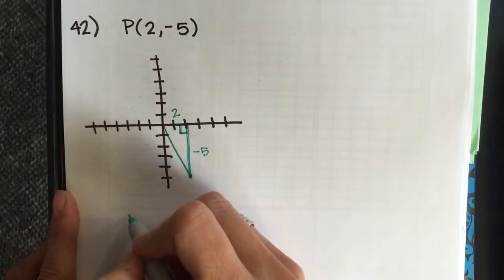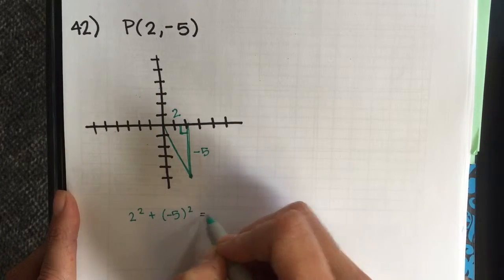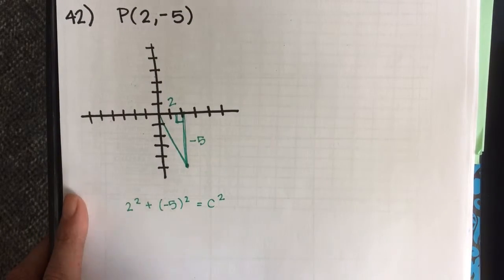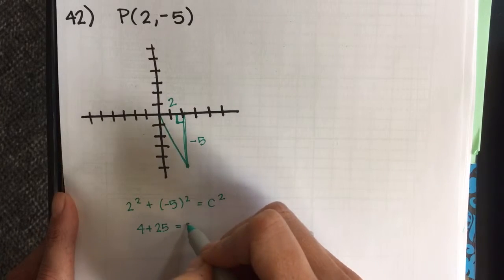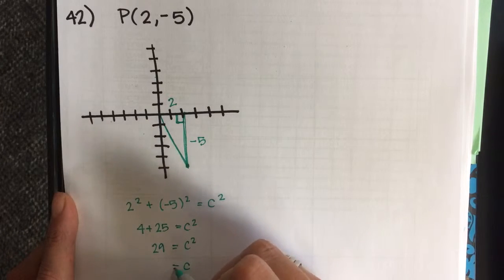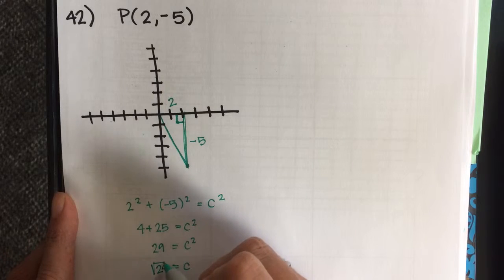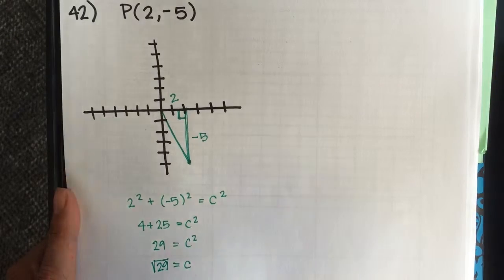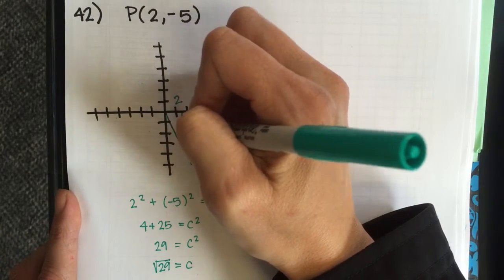So if these are A and B, make sure you use parentheses so you don't accidentally get -25. C is the radical of 29. There are no perfect squares that go into 29. You can't simplify that. So we're going to leave that as the square root of 29 for our hypotenuse.